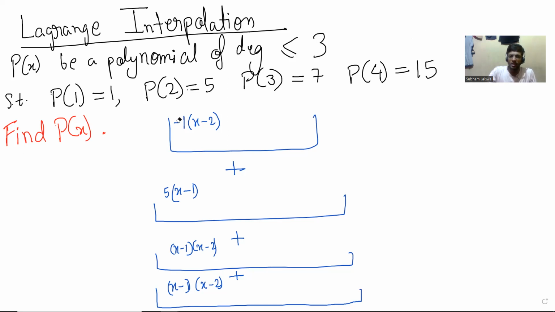So basically, see, initially the 1 is fine, right? The 1 was there. But then you put x minus 2, that's mandatory. But then what does it mean? It means that when you put x minus 2 there, then when you input 1, it will have an effect, right? When you put in 1 here, it will give you minus 1. So in order to nullify that, you have to do this.